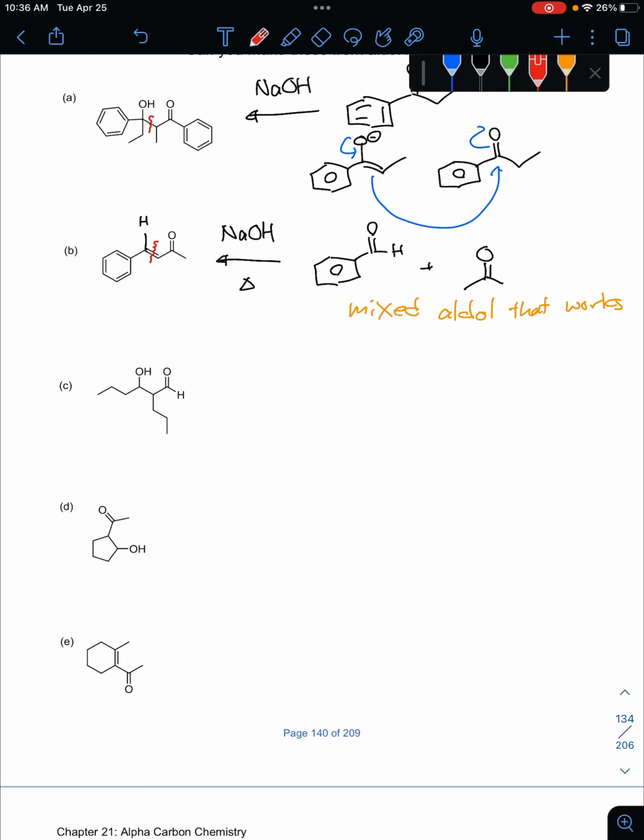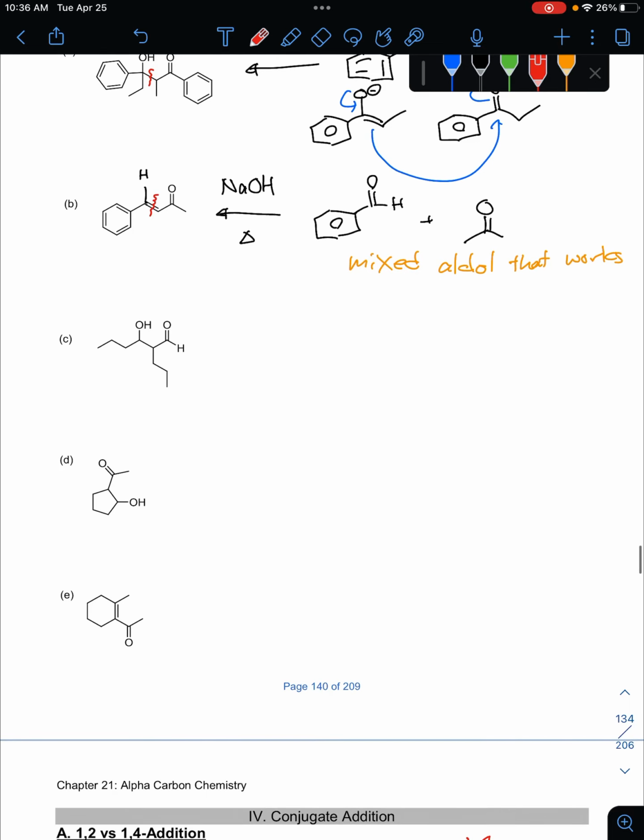Okay. This next one is actually a bit more tricky because you might notice that the aldol addition bond is right there, but the two pieces have different numbers of carbons. So this piece has 1, 2, 3, 4, 5 carbons. This piece has 4. So it is a mixed aldol or cross aldol.